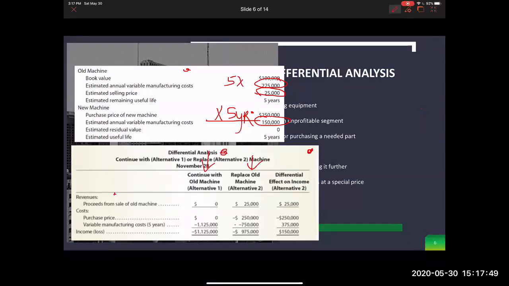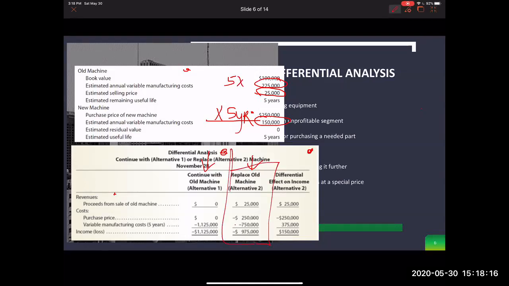Versus maybe down the line, you have some wear and tear on it, and it takes a little more to operate the vehicle. All right, so if we compare alternative number 1 and alternative number 2, what you should take from this is that it would be advantageous for the company to decide to replace the old machine with a new one, right?